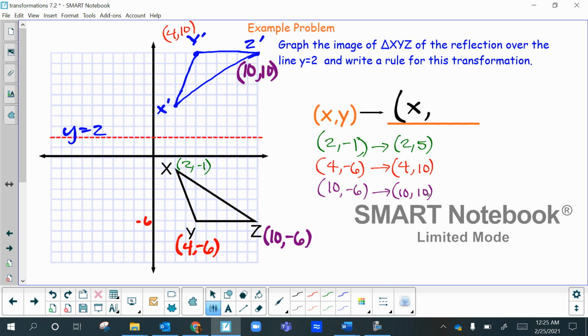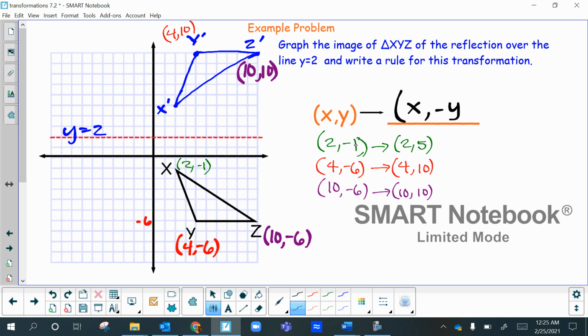All right, so what's happening here to the y value? Well, it looks like the sign changed, so that's one thing that we should write down. It's changing the sign because they are all negative here and then they all turn positive there. If it's going from -6 to +6, what do you do to the 6 to get 10?